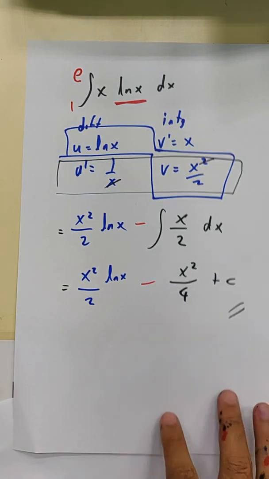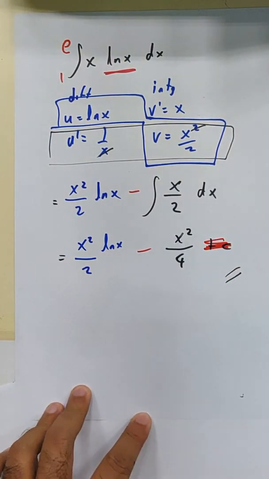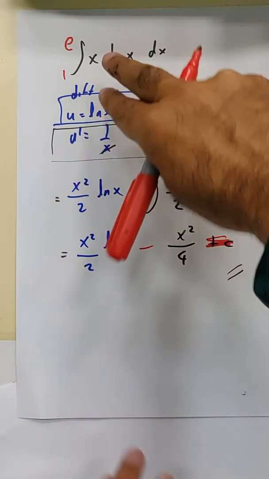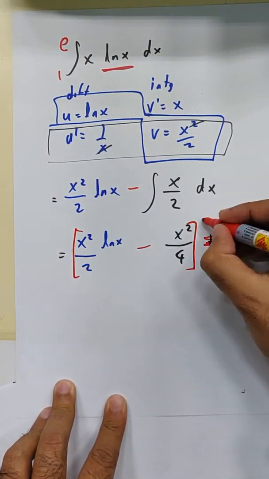Definite integral. What will happen to the equation? What will happen to your work? There's no plus c, very good. There's no substitution here. I will personally write e and 1 back over here.